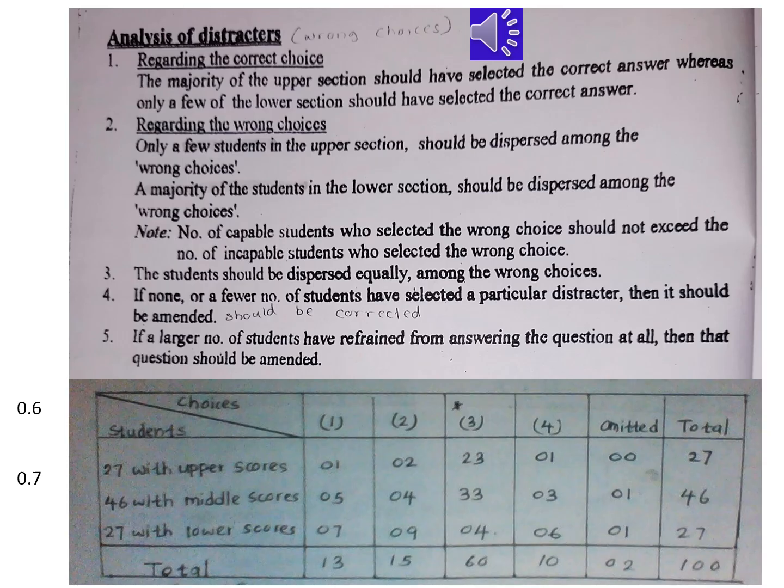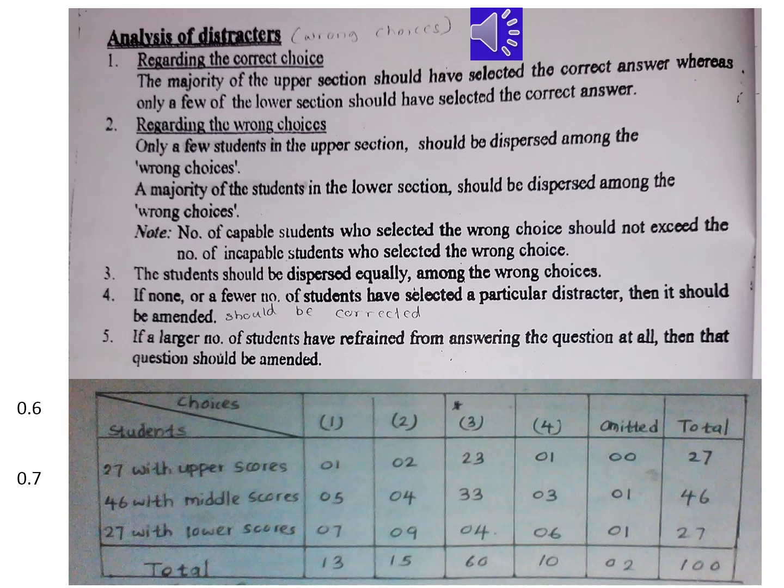Third one, the students should be dispersed equally among the wrong choices. Now go to the totals. Wrong choices: 13, 15, 10. More or less they are the same. So 13, 15, 10, it's okay. 13, 10, not a big gap.